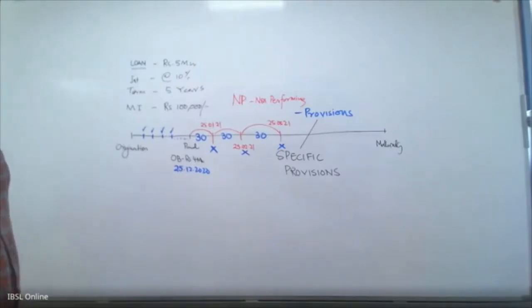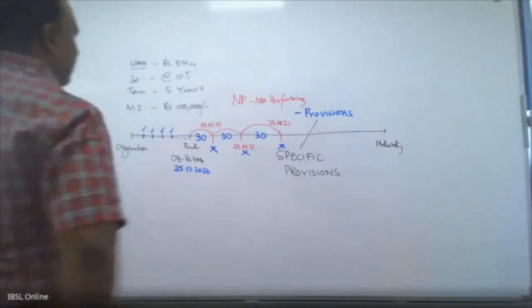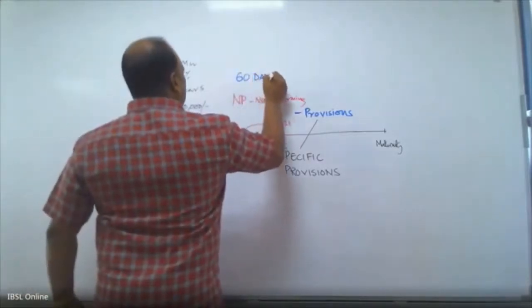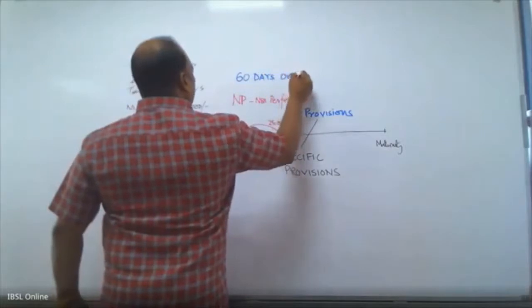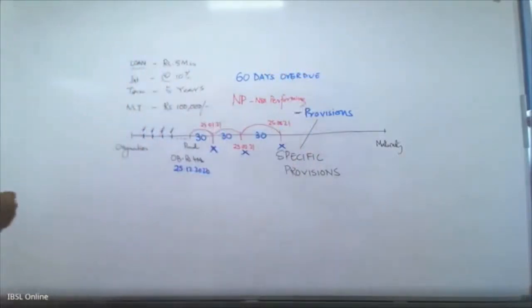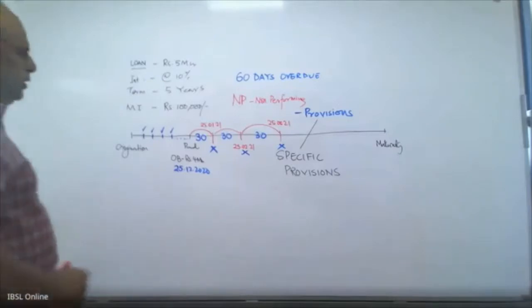Within brackets, you say, 60 days overdue. 60 days overdue. So what do you mean by that?